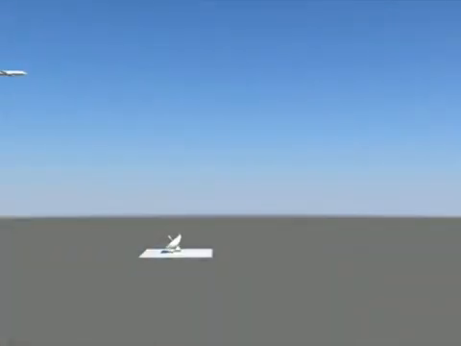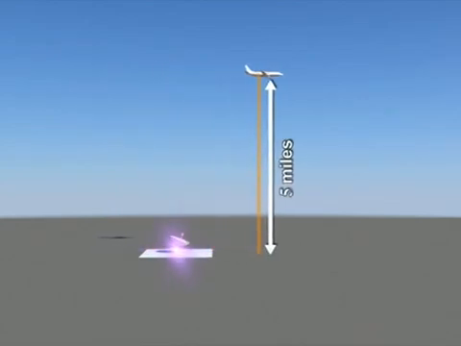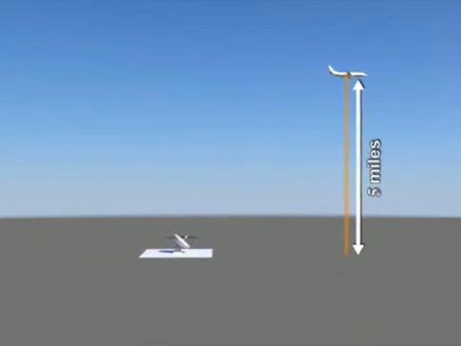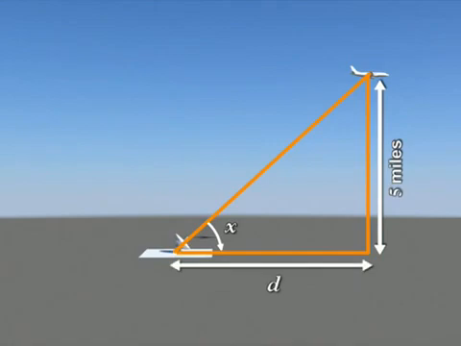Here's a picture of the scenario. The height of the plane is always 5 miles, and there's the radar station over there. The radar station makes an angle x with the horizontal up to the plane, and d is the distance between the radar station and the foot of the plane, the point perpendicular to the plane's position. That forms a right triangle.